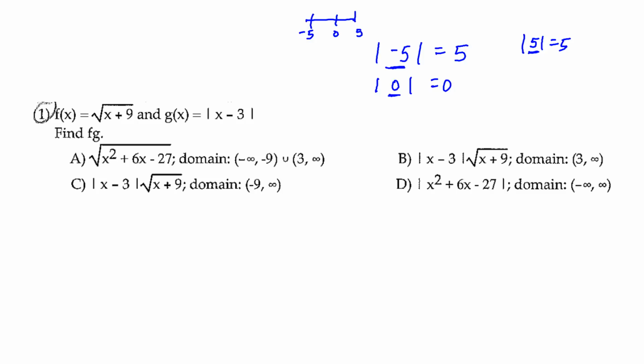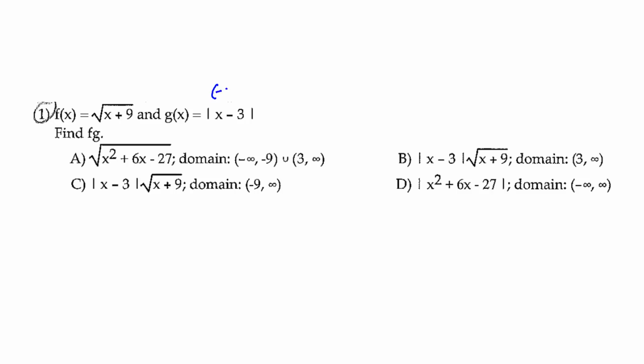So what does that say about the domain? Well, the domain starts at -infinity because we can put any negative number that we want to in there. We can continue going and we will never find a number that will not work. So all the numbers will work. So if we go from -infinity to +infinity, that represents the entire domain of the absolute value function.